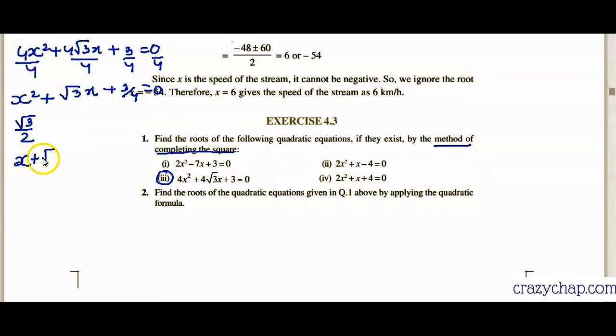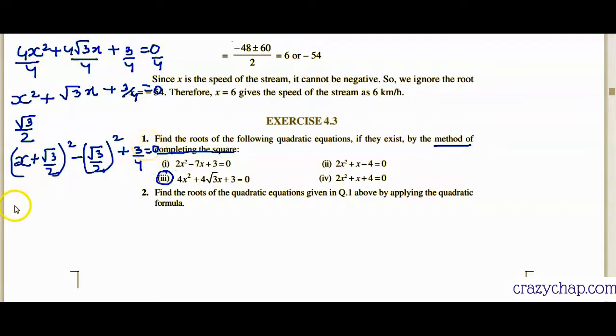So plus square root 3 over 2 and we square it, and then we subtract the square of this number. So it is square root 3 over 2. We square that, plus lastly we write down the constant part, which is 3 over 4 equal to 0, right?